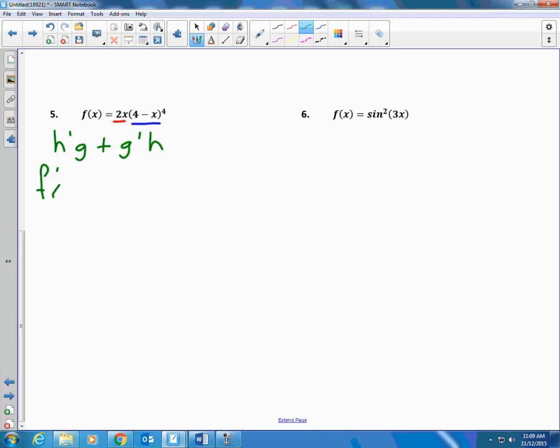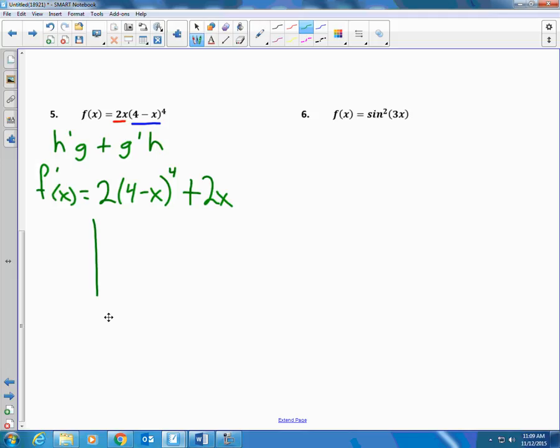So f prime of x is equal to, what is the derivative of 2x? 2 times 4 minus x raised to the 4th power. Plus, I like to often write the 2x first because multiplication is commutative, so I can switch that around. It's not a big deal. But now I need to take the derivative of 4 minus x to the 4th power. How do I do that?